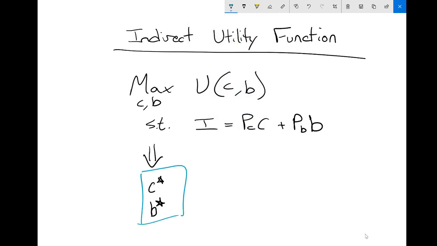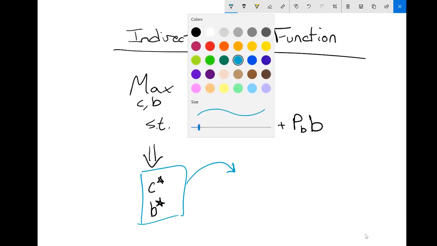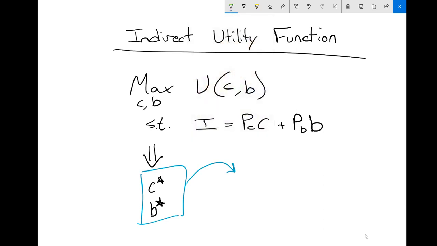So now the question is, how much utility do I get from that bundle? Well, what we would do is we would take those values and we would plug them back into what we call the objective function. That is, we plug them back into the function that we maximized. Now if you remember, when we maximize this function, we actually maximize the Lagrangian, right?